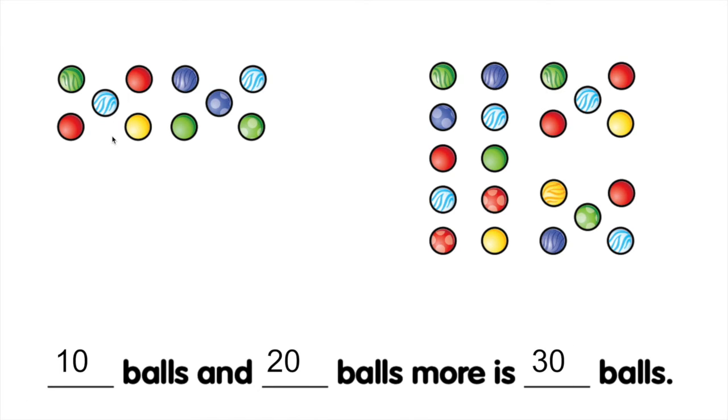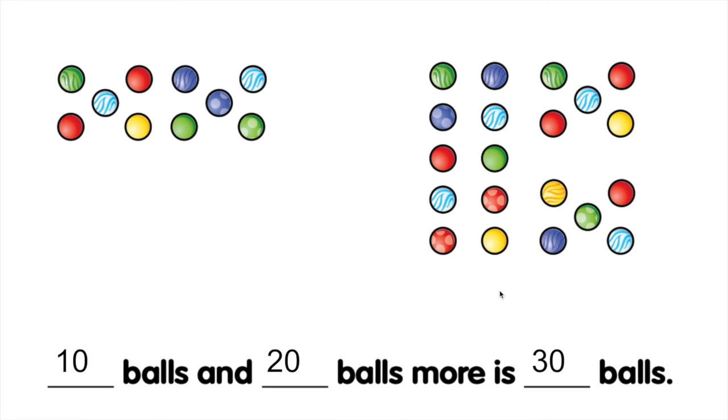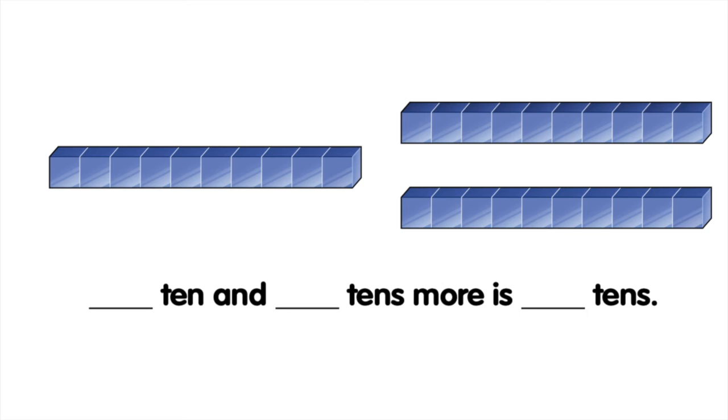When I counted them, I got 10 here in the first group, and over here there were 20. 10 balls and 20 balls is 30 balls. So in this one, we are counting how many objects there were. But over here, they've been organized into groups of 10.